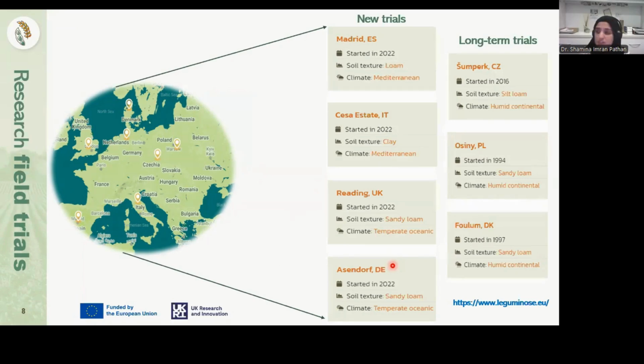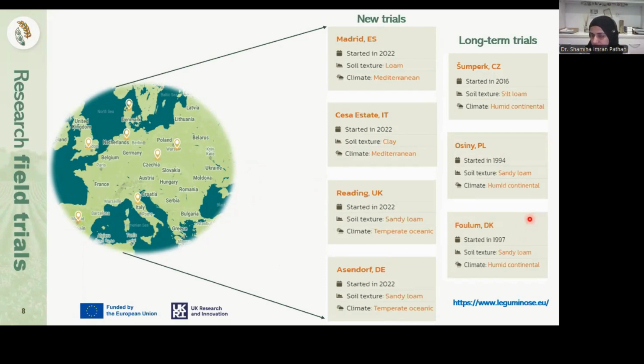As you see on the screen, we have 7 field trials. 4 are new trials, established when the project started. And then we also have 3 long-term trials in Poland, Czech Republic, and Denmark. In Denmark and Poland, they have had these field trials for more than 20 years.